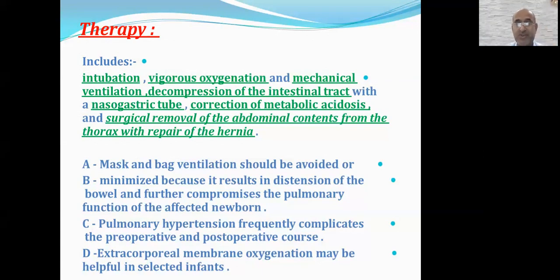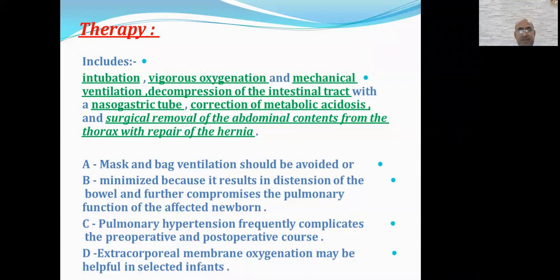It is important to insert a nasogastric tube to decompress the gastric content to make less pressure on the lung, plus correction of the metabolic acidosis. And finally, after the newborn is stabilized, we can send for permanent correction of the defect.